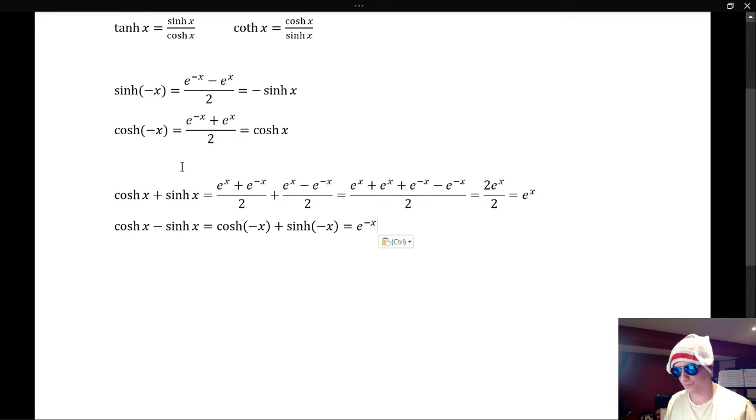So we just take the definitions here, e to the x plus e to the negative x over 2, and we add that to e to the x minus e to the negative x divided by 2. And this is, you add e to the x and e to the x, but you subtract e to the negative x from e to the negative x. So you get 2 times e to the x over 2, so that's e to the x.